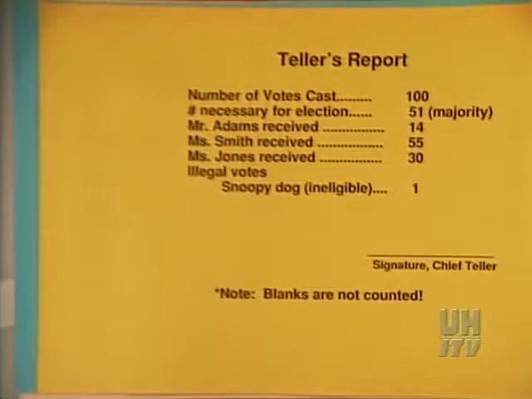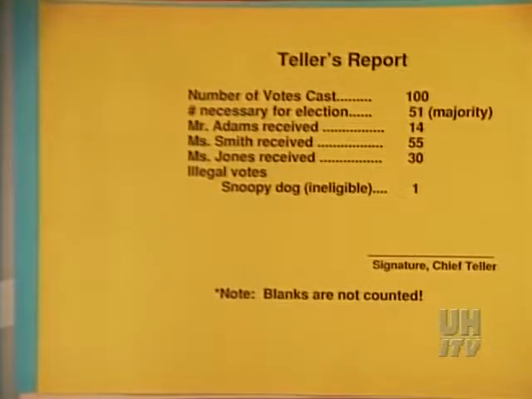This is just a sample of a teller's report. Number of votes cast, 100. The number necessary for election is 51 in this case because a majority is what's needed if it's not otherwise specified. And there are the candidates and so forth. And a reminder that blanks are not counted.